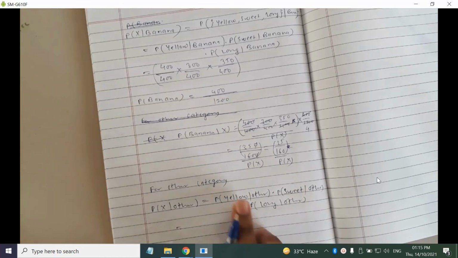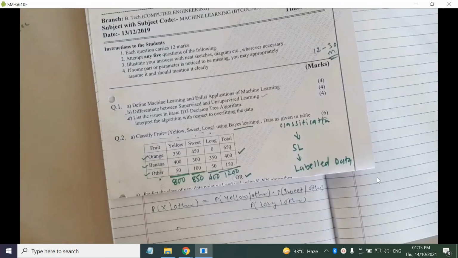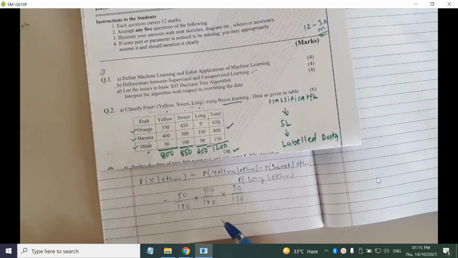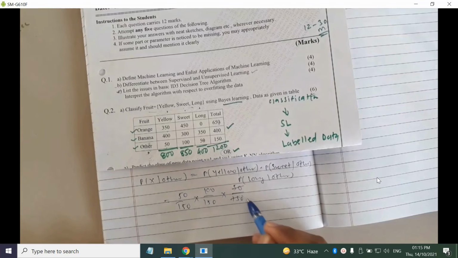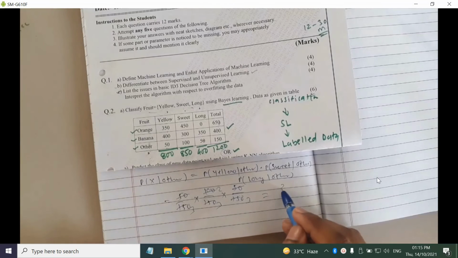Now how to read this? Out of all other, how many are long? Remember this line: out of all total, how many are long? So that is 50 divided by 150, into 150 into 150. Out of 150, how many are sweet? 100. Out of 150, how many are long? 50. So here we can cross out a little. Here this becomes 3, and here 2 3.